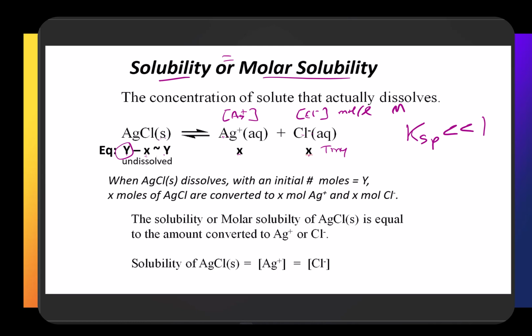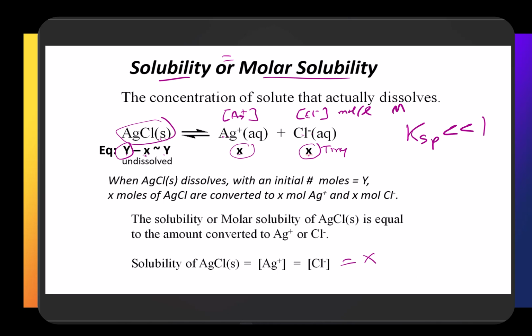Right? So then the solubility of this silver chloride is how much of it actually dissolved in moles per liter. So if we lose X moles per liter of silver chloride, then we form X moles per liter of silver ion and X moles per liter of chloride. That X is what we referred to as solubility or molar solubility. It's how much actually dissolved in the solution.